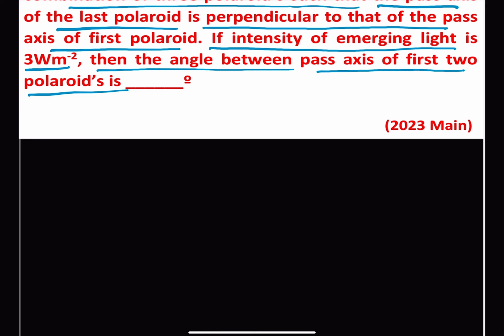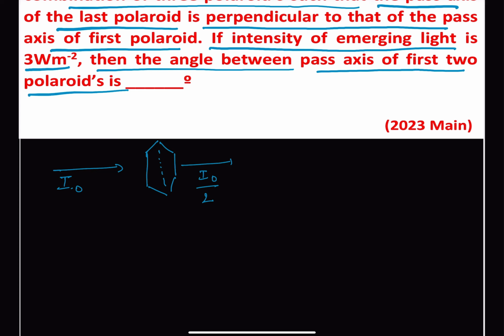Our initial intensity is, let us suppose, I0, and it passes through the first polaroid. The output of the first polaroid will be I0 by 2.